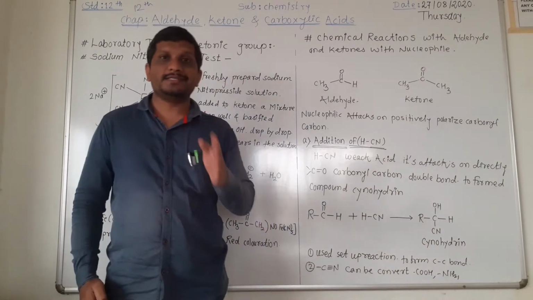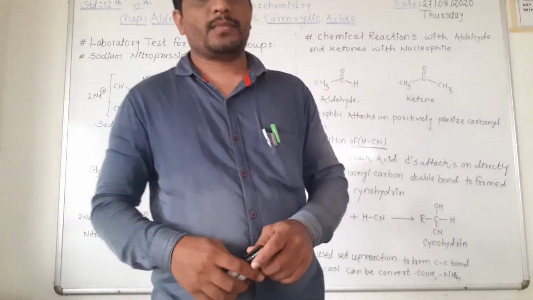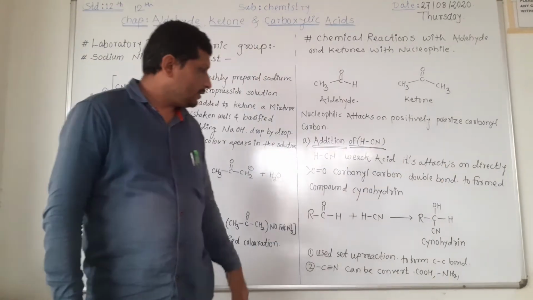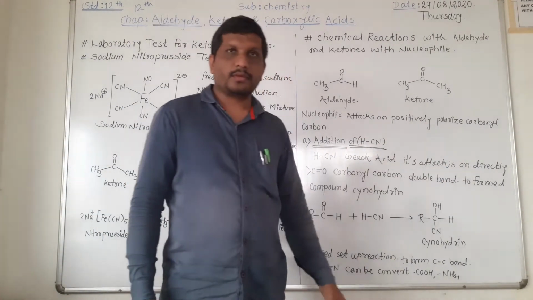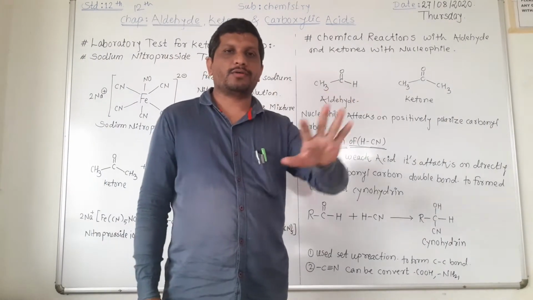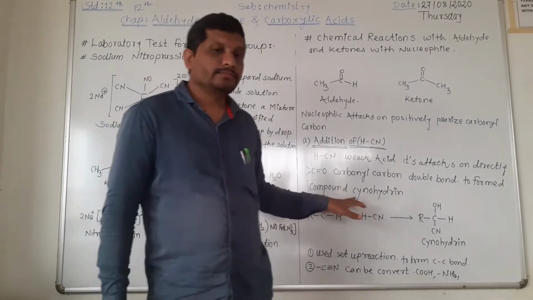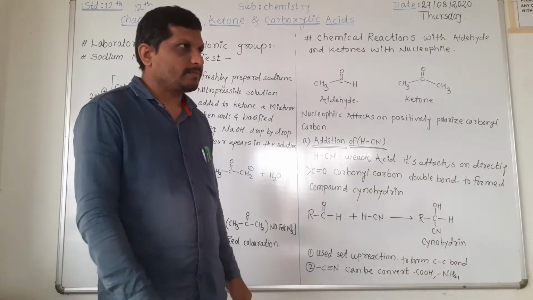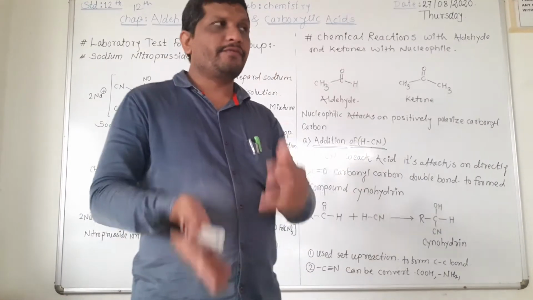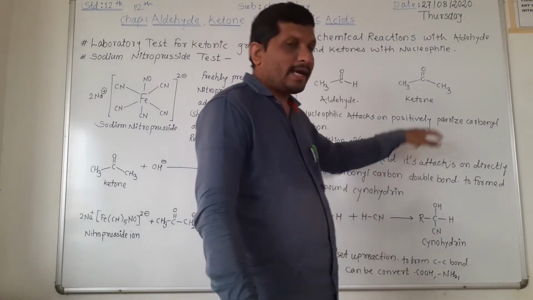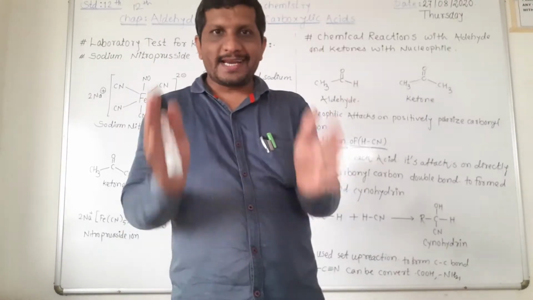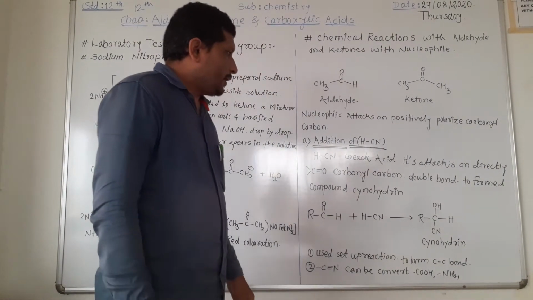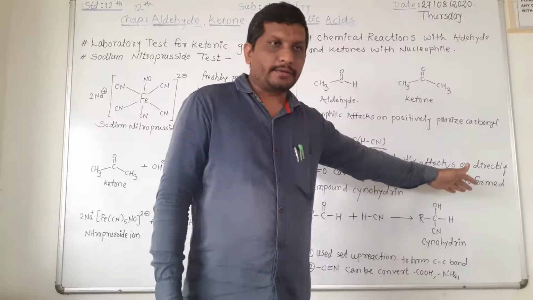Now here, hydrogen cyanide is a very weak acid, and that's why it attacks directly the carbonyl carbon, the double bond of carbon and oxygen, to form the compound cyanohydrin. It's a very basic reaction, because hydrogen cyanide is a very weak acid and it directly attacks the carbonyl carbon of the aldehydic compound and ketonic compound, and forms the cyanohydrin group.